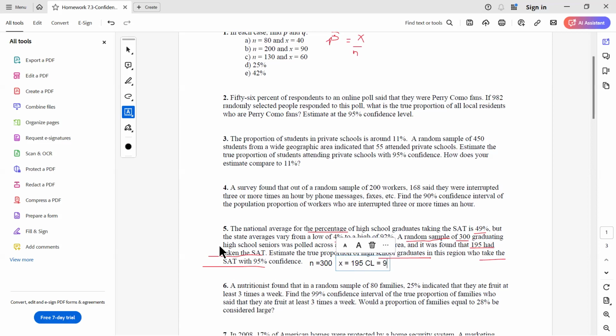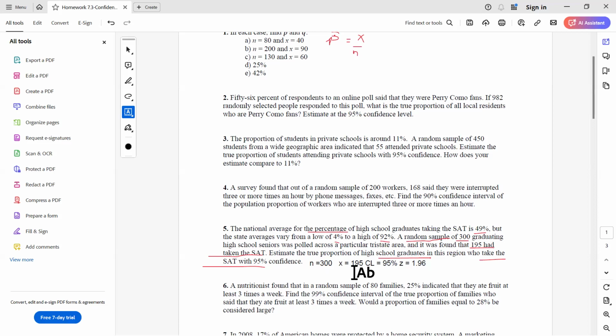Now, if you remember from the other calculations that we've done, that means that our confidence coefficient, our Z, should equal 1.96. But I'll show you that again in case you've forgotten how to get it, or in case you're getting it by hand every time. But those should be your numbers, okay?